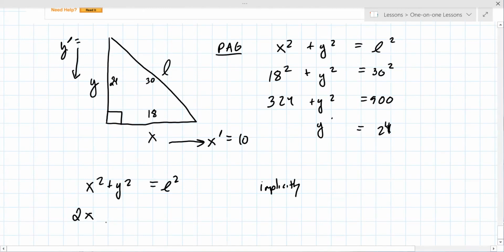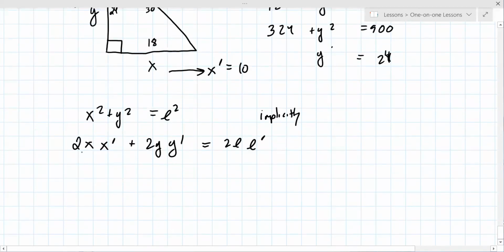So it's 2x, x prime plus 2y, y prime equals 2l, l prime. Your instructor would have had like 2a, a prime, 2h, h prime, 2d, d prime maybe. Something like that. This is really important.